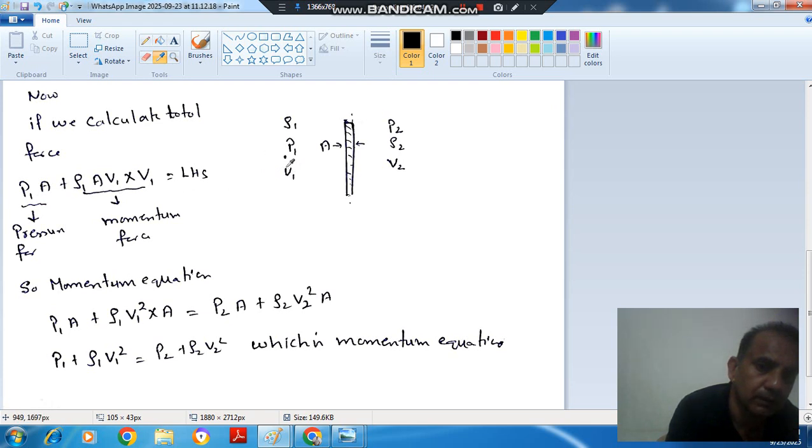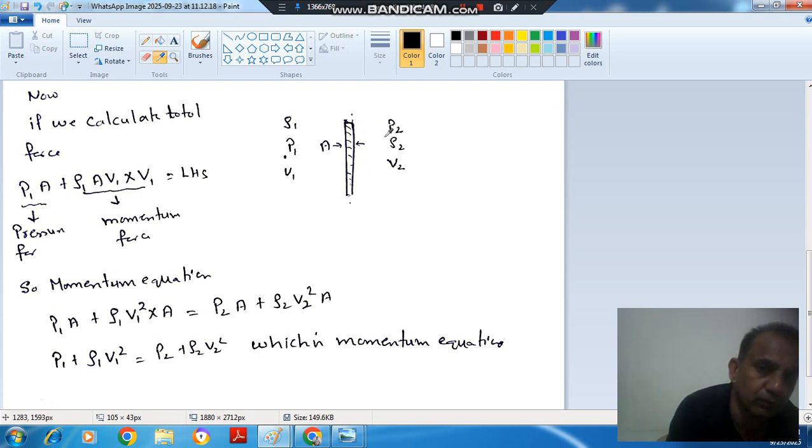Here the mass per second is rho A V1, and if we multiply it by V1 minus 0, then it is momentum per second. So that is the momentum force, mass per second into velocity. This is the force due to velocity, and this is the force due to pressure.